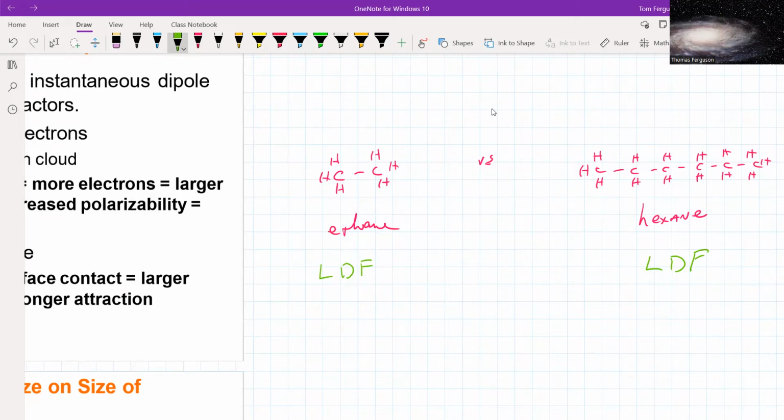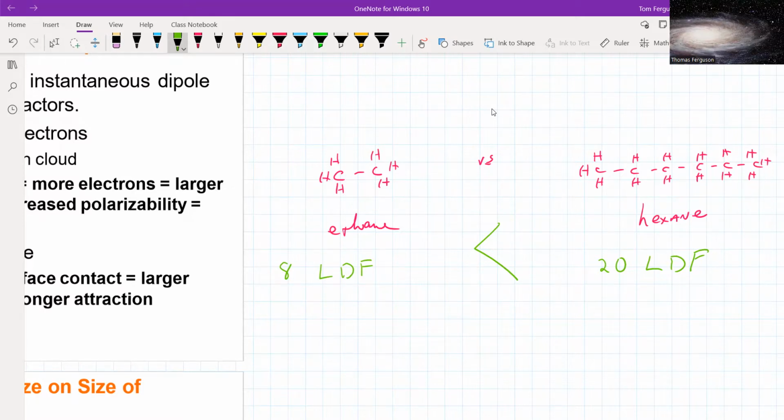Okay, so we have 8 LDFs, 20 LDFs. So the more LDFs, count the atoms for an individual atom.